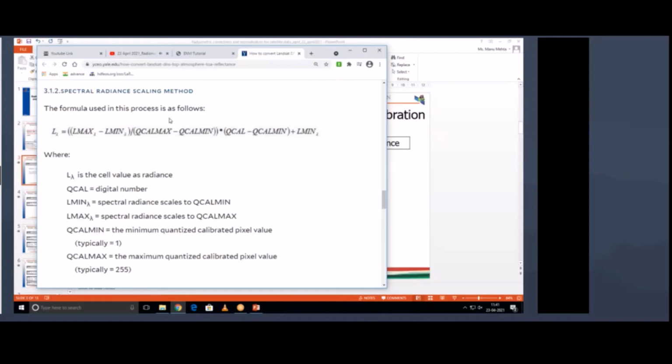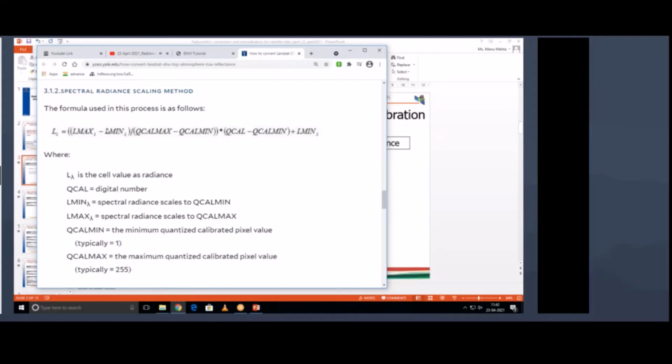So in an effective manner, this is the minimum DN value possible using the sensor that you have taken, and this is the maximum DN value. Corresponding to these minimum and maximum, you have a record of radiance, which you can call L max and L min. This will depend on different spectral bands, so the subscript lambda is also indicated.